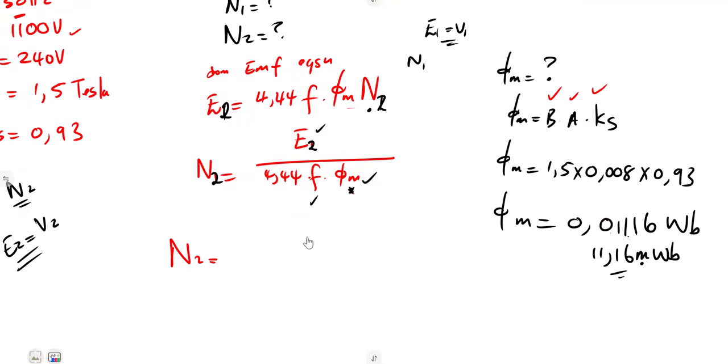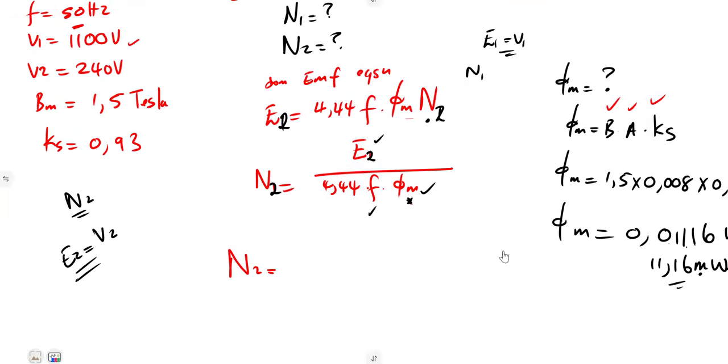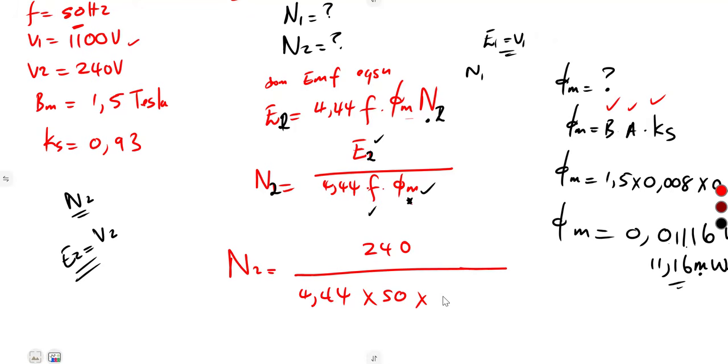E2, that is our V2, which is 240 volts, over 4.44 times the frequency, 50 hertz, times the maximum flux, which is 0.01116.